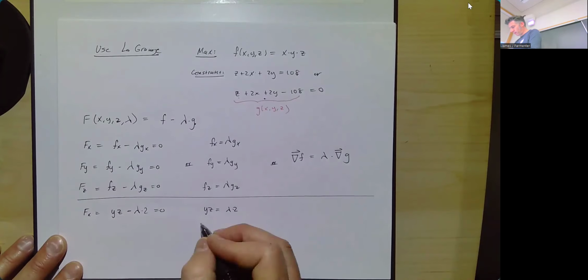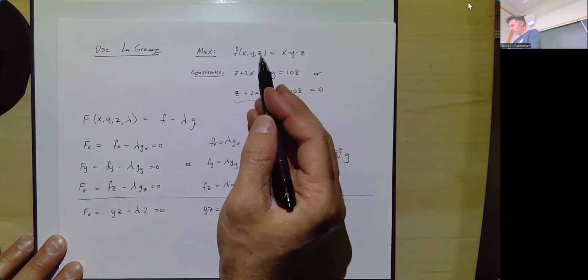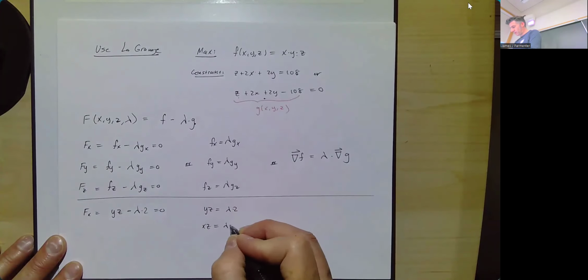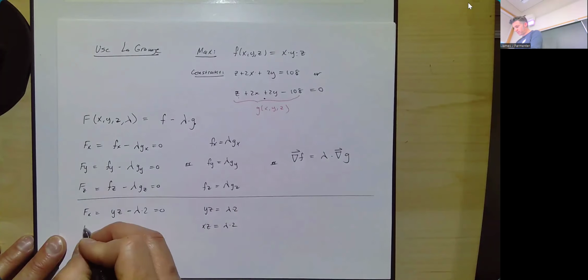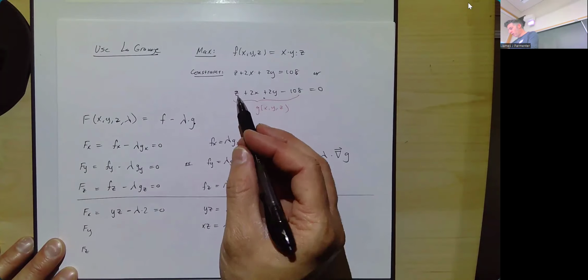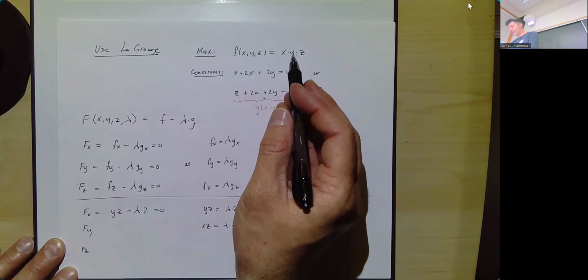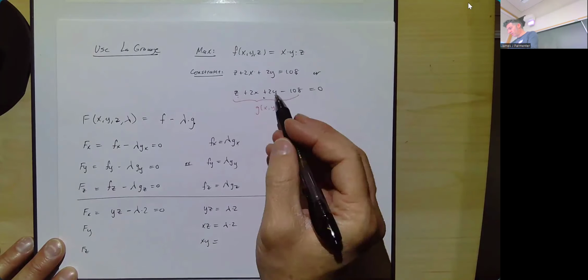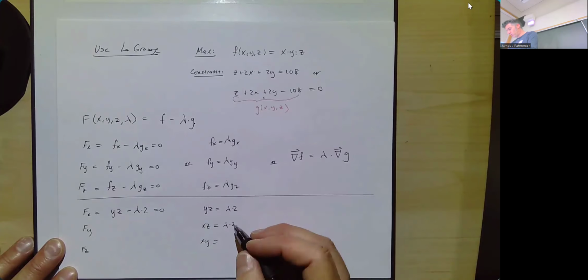And then for the next one, fy is going to be x times 1 times z, equal to lambda times gy, which is also lambda times 2. And finally fz, sorry, I'm looking at little fz. Little fz is x times y, and gz is just 1.